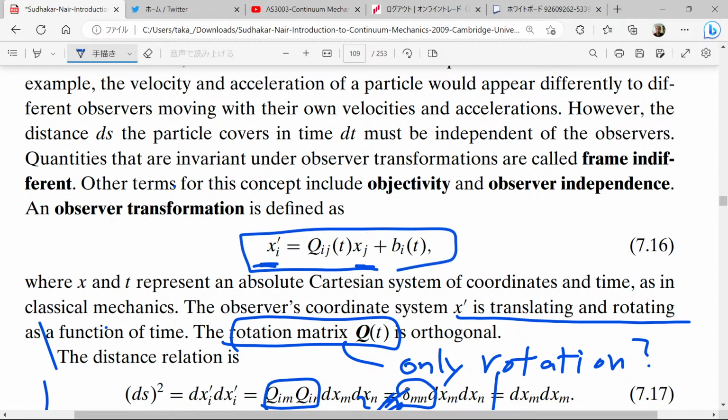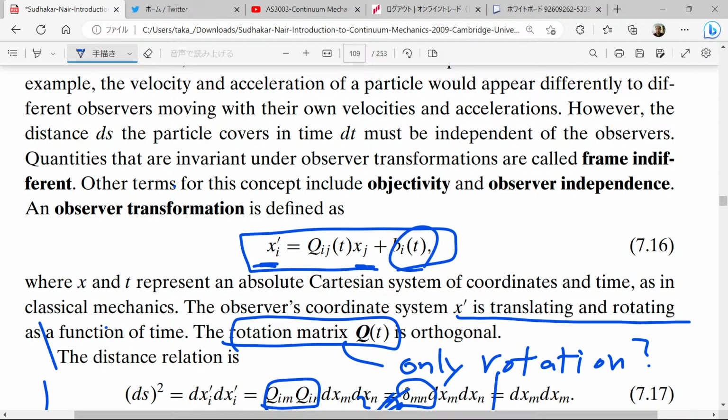Okay, so because the observer can move and rotate, the observer's XYZ axes can rotate and move. And this movement doesn't have to be linear.